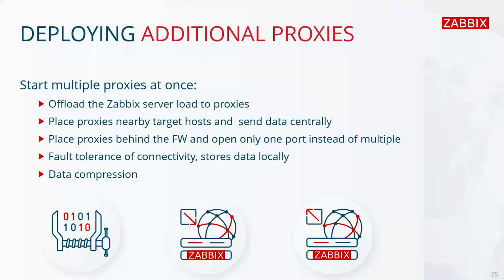And it also has an option to store the data locally if there is some issue with your network, and after this issue is resolved, the data will be sent back to the Zabbix server. And data compression is enabled by default, which cannot be disabled. So you also win in this case. So you get less traffic.